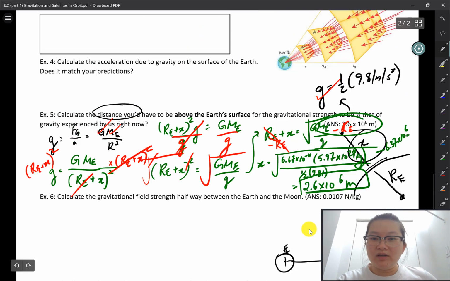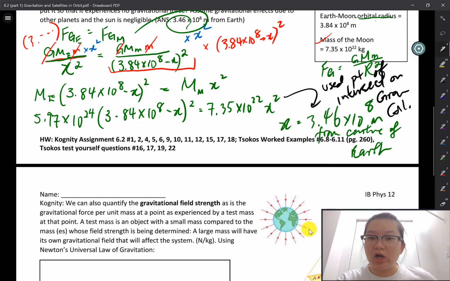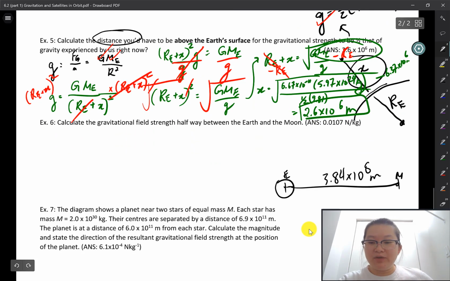And that is 3.84 times 10 to the power of 8 meters. So we want to find the gravitational field strength in between the two, so exactly right there.